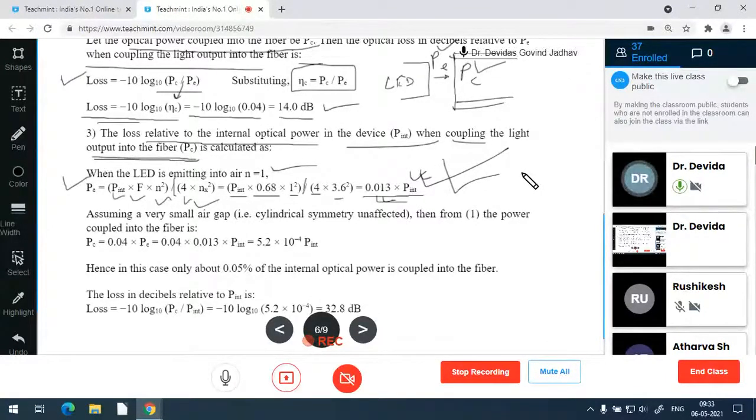While coupling light into the fiber, how much is the loss of P internal power? That is PC upon P internal, which we have to calculate. First we have calculated PE. So there is an LED, this is the LED, this is air, and this is the fiber.